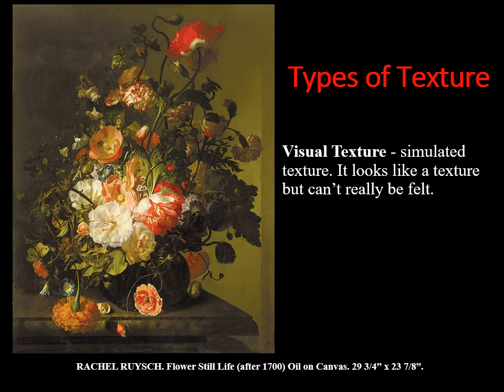And then in the 2D world, getting into the visual texture, where the Rachel Ruysch is sort of giving you enough visual information that it would be believable if you could reach out and actually touch parts of this still life painting.